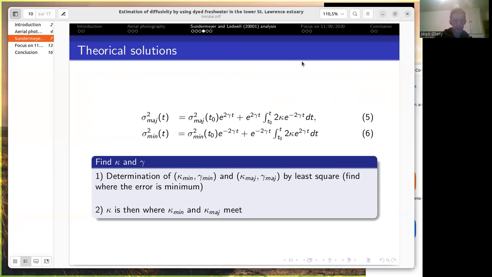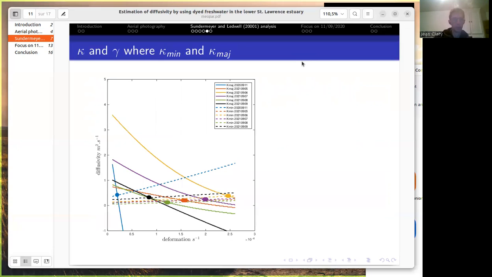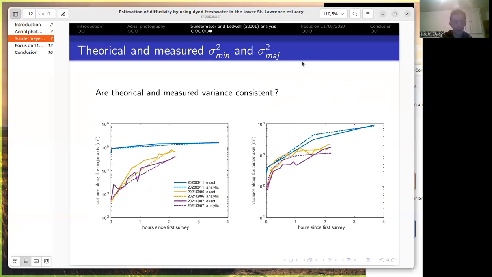So we will make an estimation for the major axis, another for the minor axis, and the good diffusivity and deformation rate will be when the diffusivity for the minor meets the one for the major axis.